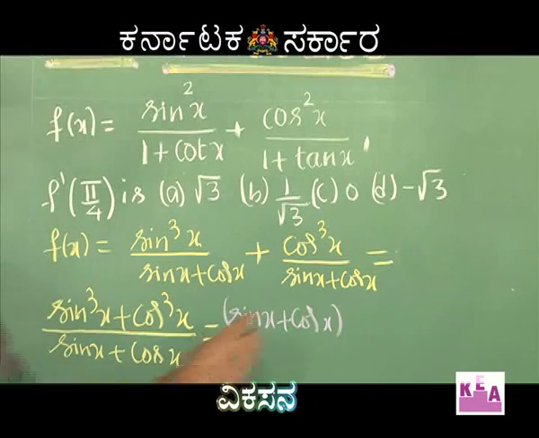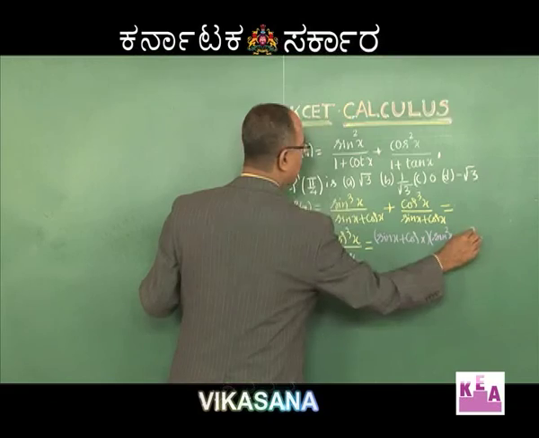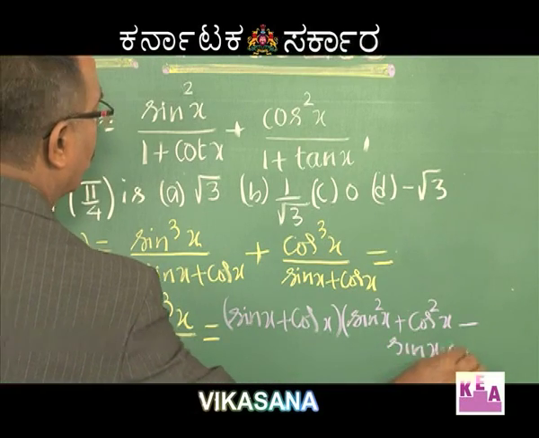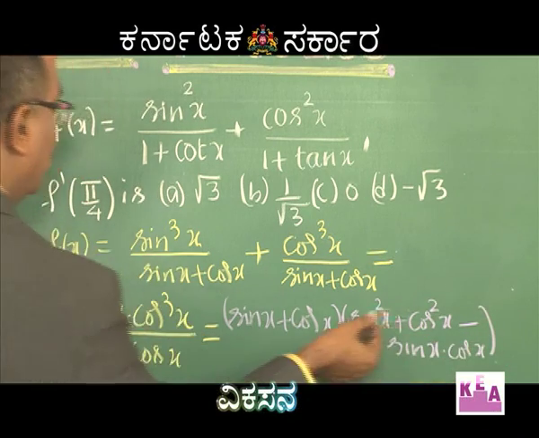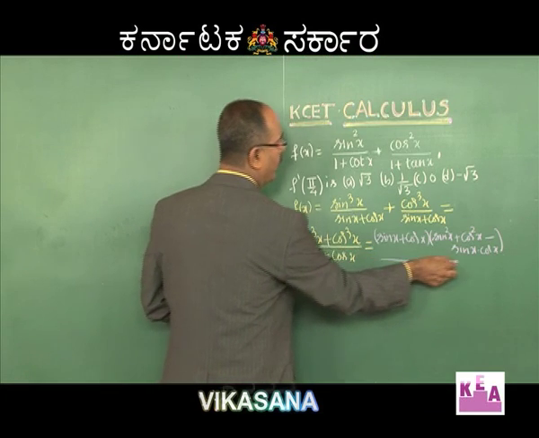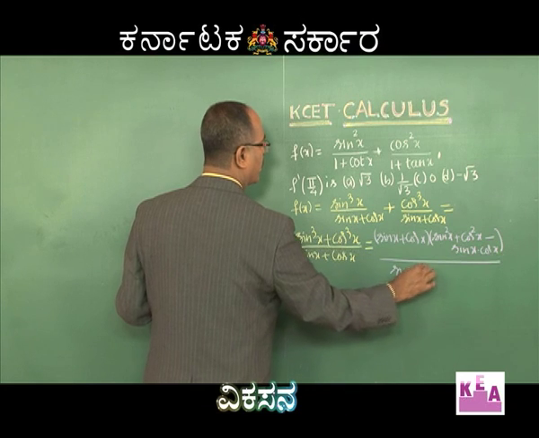Sin square x plus cos square x minus sin x into cos x. So that means to say this is using the formula a cube plus b cube is a plus b into a square minus ab plus b square, divided by sin x plus cos x.